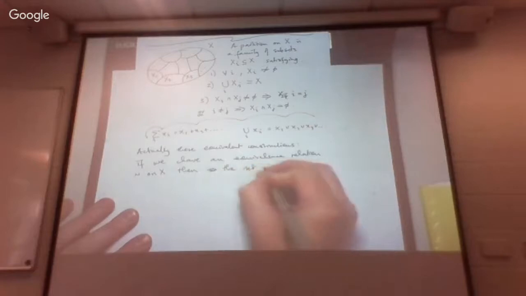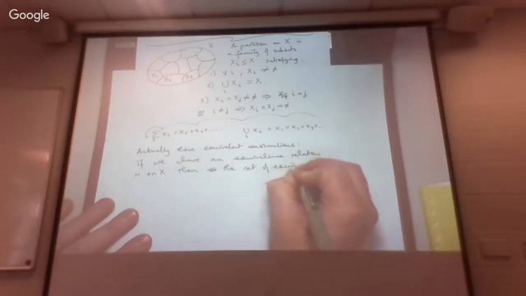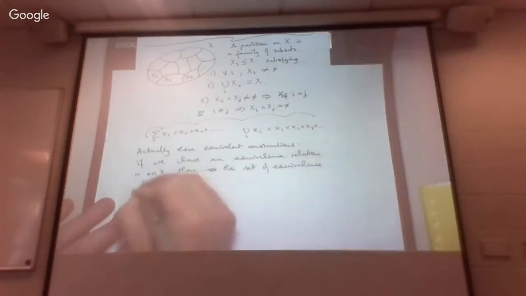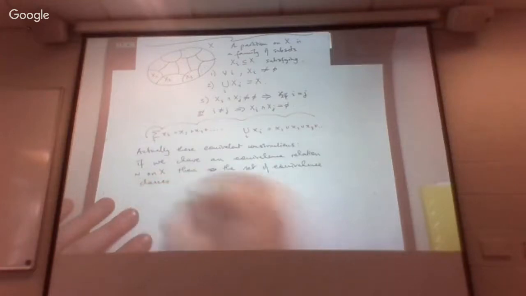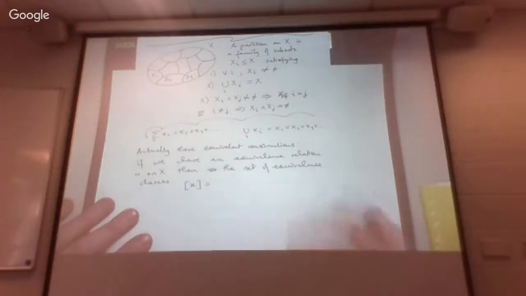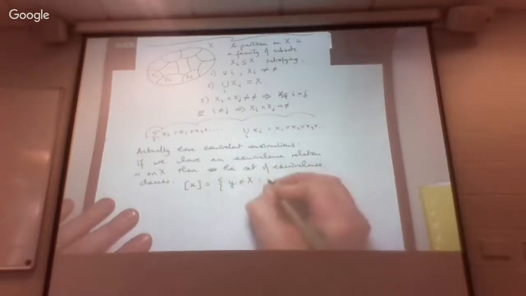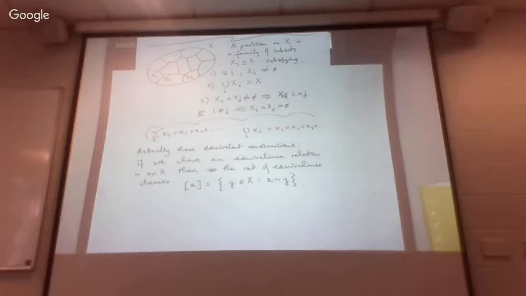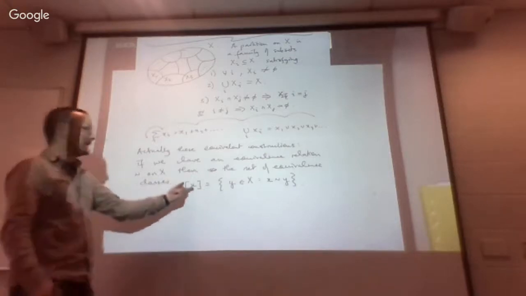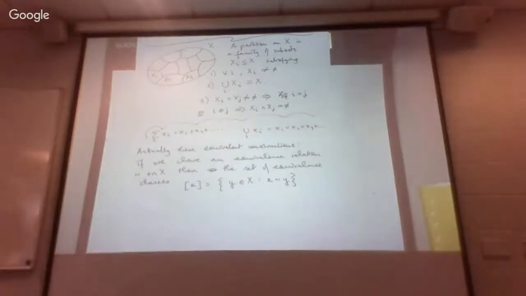the set of equivalence classes. An equivalence class, the notation we use is square brackets x. This is the set of every element y in X such that x is equivalent to y. So you gather together all the things equivalent to some named element little x.